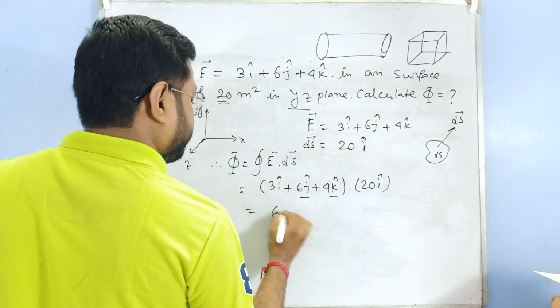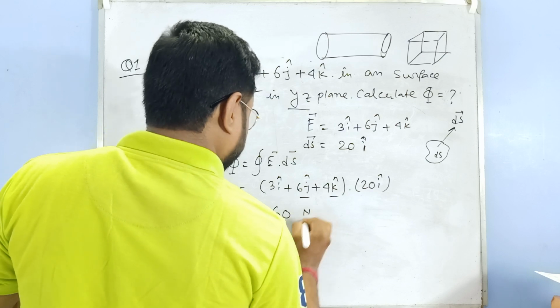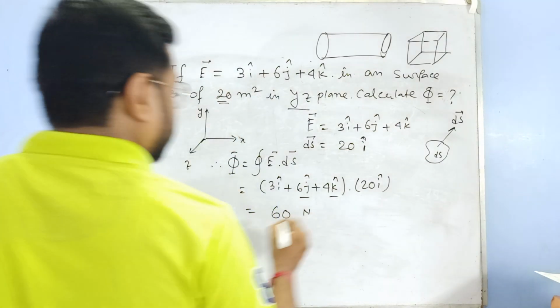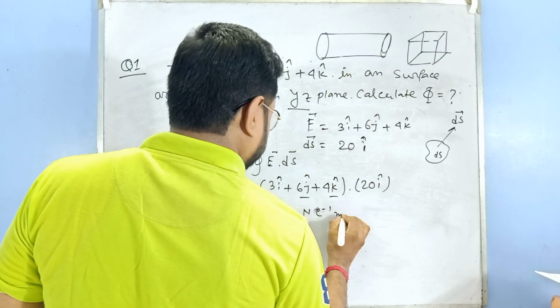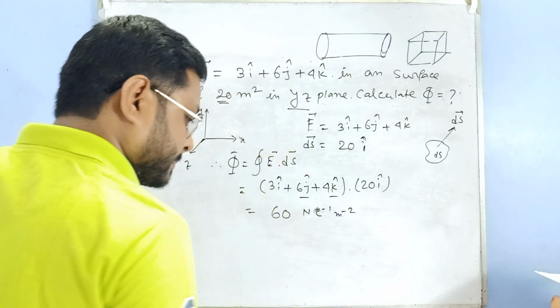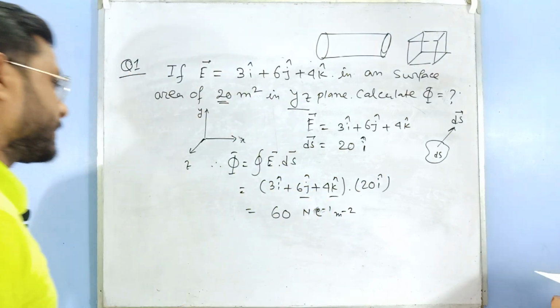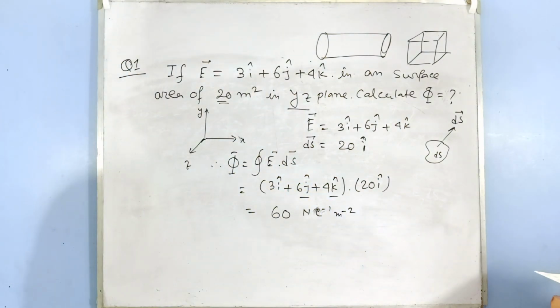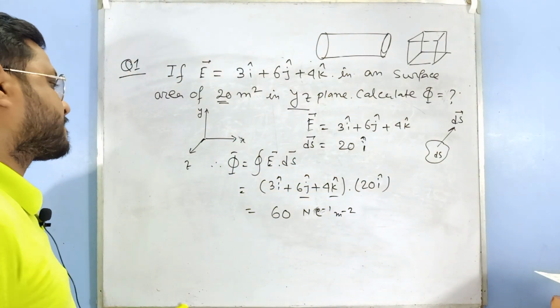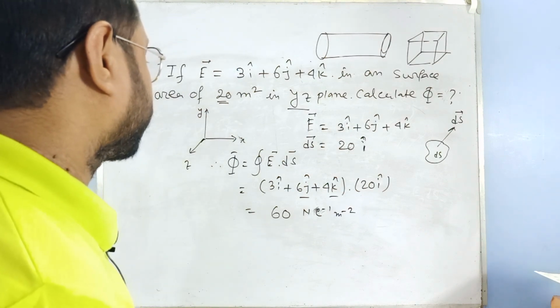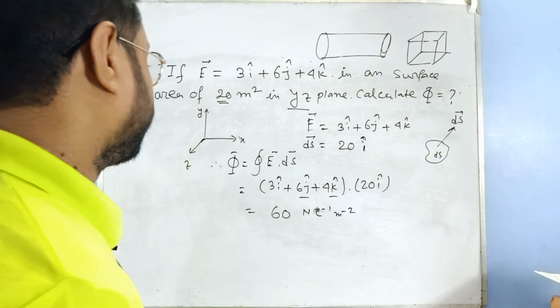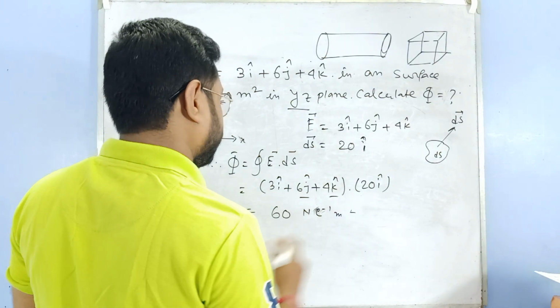So 60 Newton per Coulomb meter square, this is the value of flux, E dot ds, in Newton per Coulomb meter square.